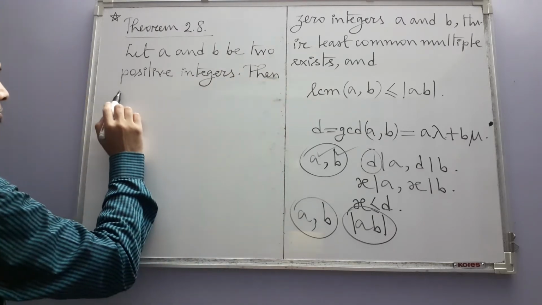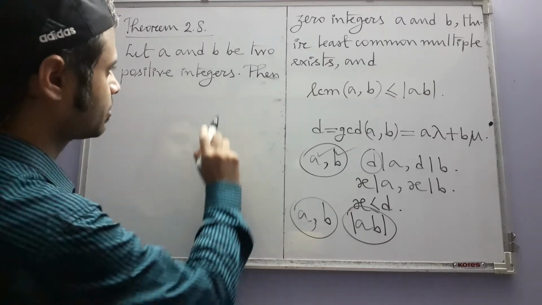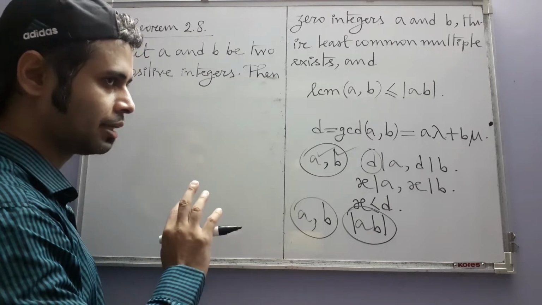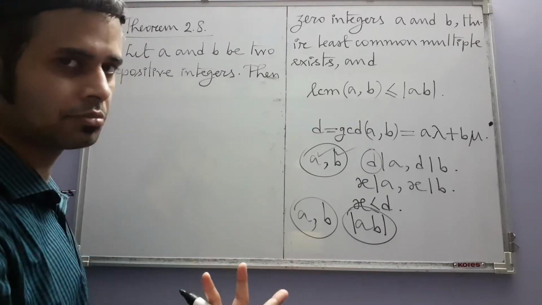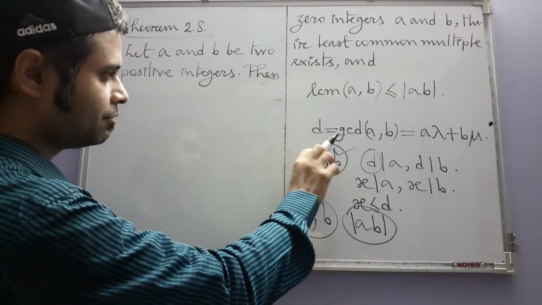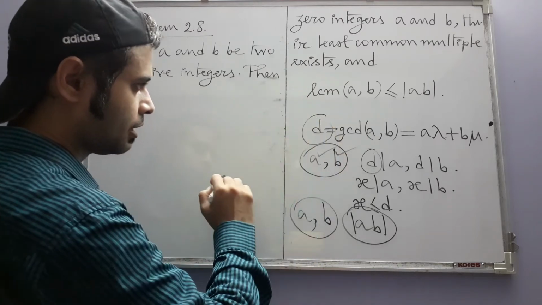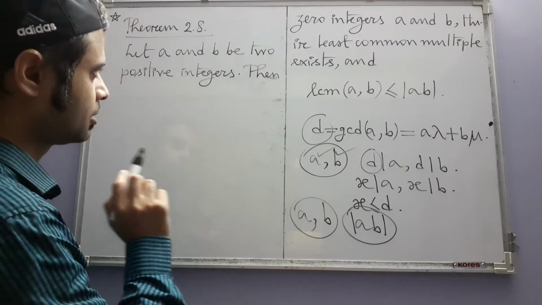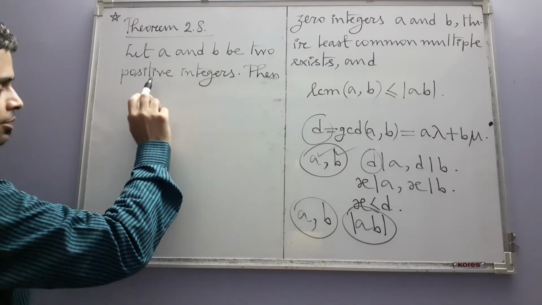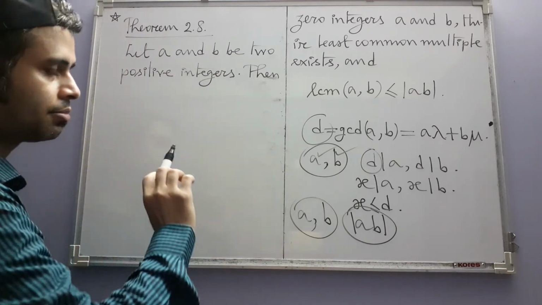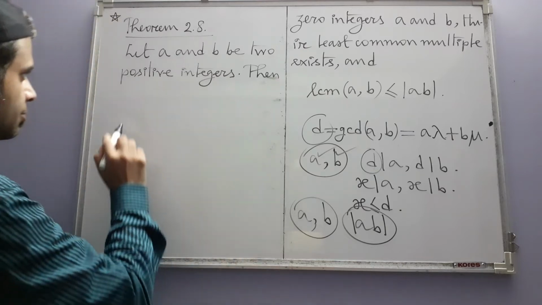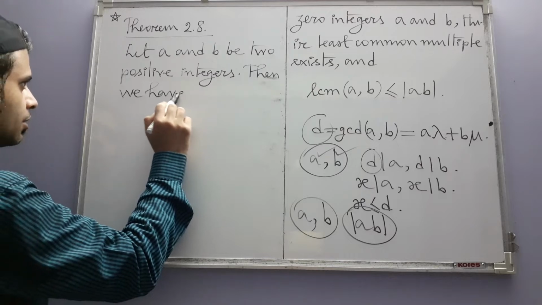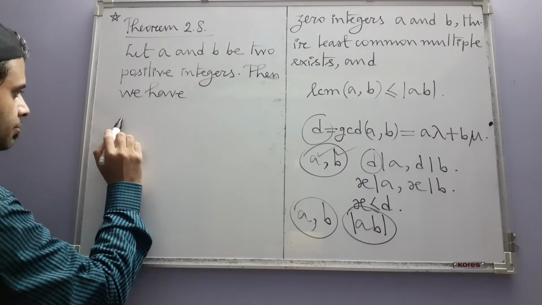Now see, because both A and B are positive, that means both of them are non-zero. So by our previous result, their GCD exists. That is the first thing. The second thing is that because both of them are non-zero, the LCM also exists, and we have a relation like this.